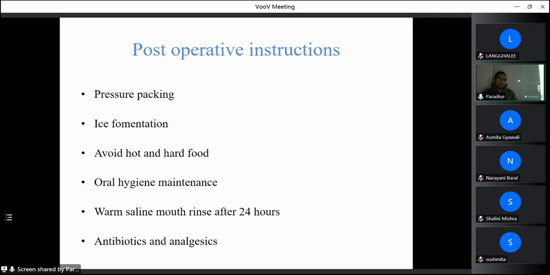And once they develop resistance, whenever there is a space infection, like Ludwig's angina, the antibiotic will not work, and the complications will be very high. So you should not prescribe antibiotics until and unless there is a space infection or involvement of lymph nodes. In case of normal extraction, you don't have to prescribe antibiotics. Just a painkiller, analgesics, and mouthwash are sufficient.